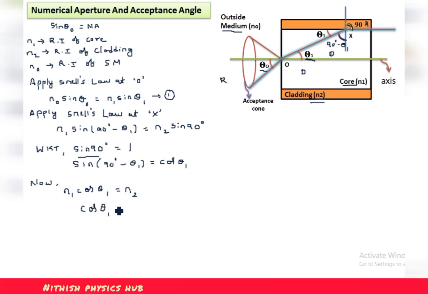Now I will use the fundamental trigonometric identity sine square theta plus cos square theta is equal to 1. I will write the equation in terms of sine theta 1 to replace the sine theta 1 position. If I rearrange, sine theta is equal to the square root of 1 minus cos square theta.